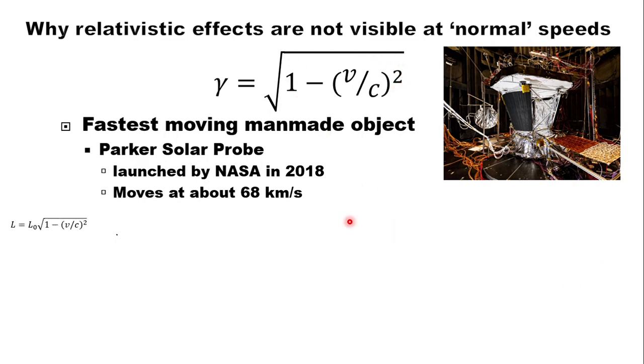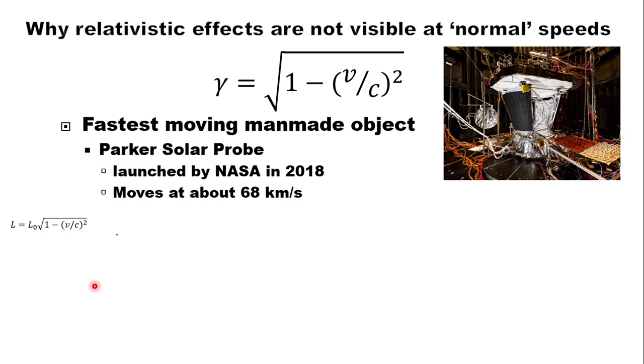This is the equation for the length of an object traveling at a particular velocity compared to its length at rest. L naught means the rest length, when it's stationary relative to you; L is the length when it's moving at some particular speed.